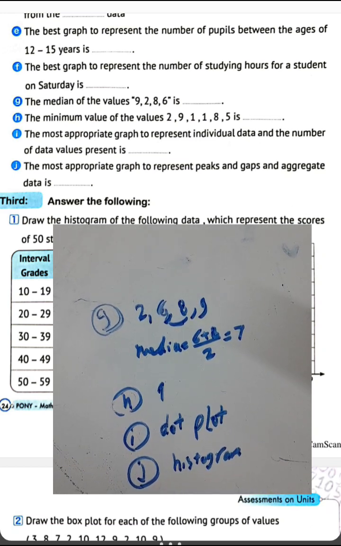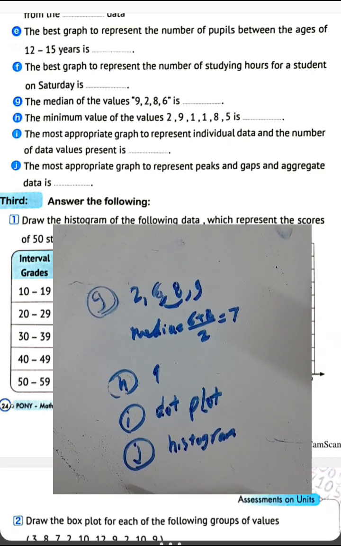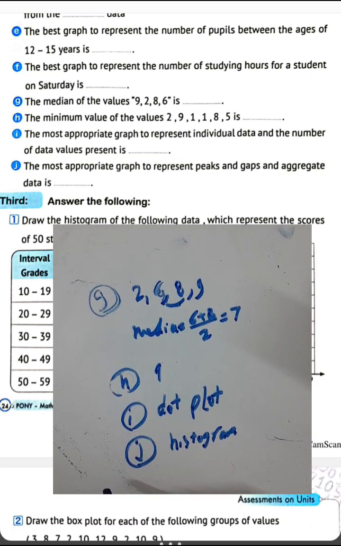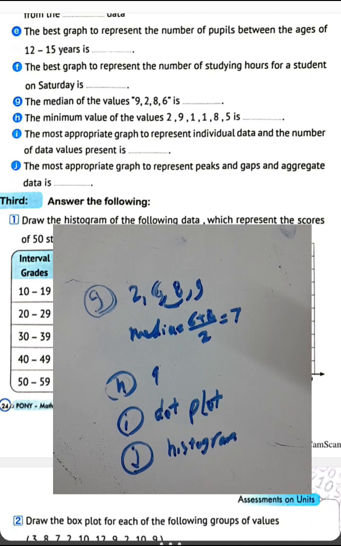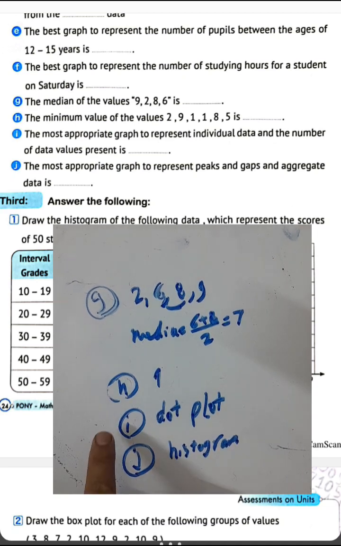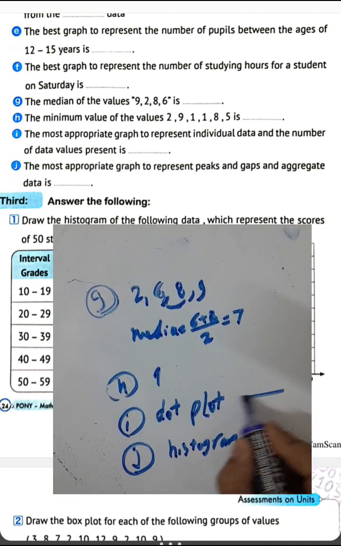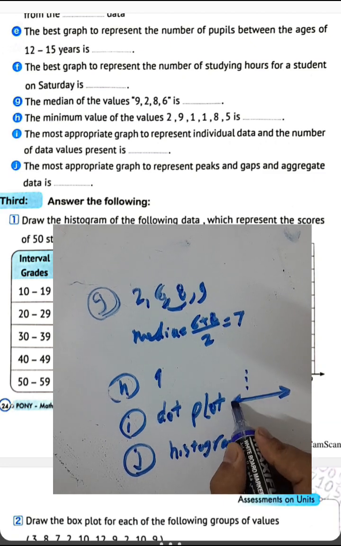Okay, we can use the histogram, the most appropriate graph to represent peaks and gaps in aggregated data. It will be histogram. Again, you must think about letter E. We called it dot plot. We have a point here.